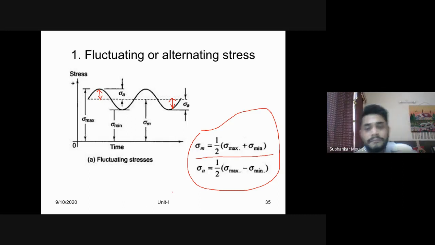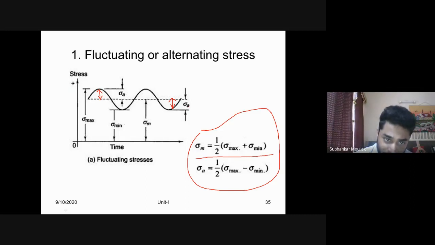Is it clear? Mean stress is half times sigma max plus sigma min, and alternating stress is half times sigma max minus sigma min. And this is the stress versus time pattern for a mechanical component when it is subjected to fluctuating or alternating stress.